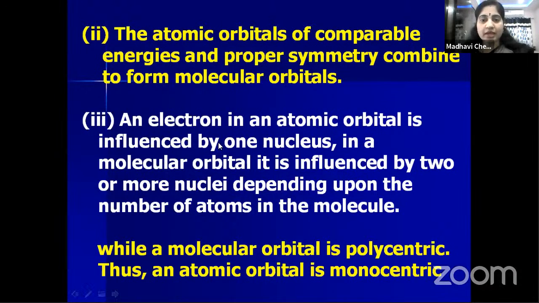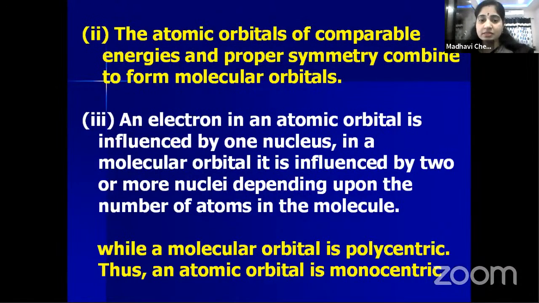Okay, so an electron in an atomic orbital is influenced by one nucleus, because suppose if you consider hydrogen, one electron is present, that is influenced by the nucleus of that hydrogen, is it not? So in atoms, electrons are influenced by one nucleus, because in an atom only one nucleus is present.